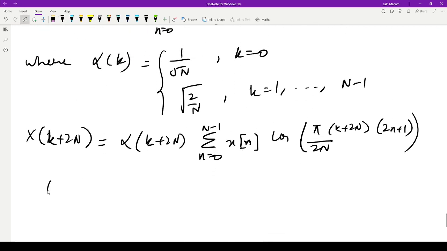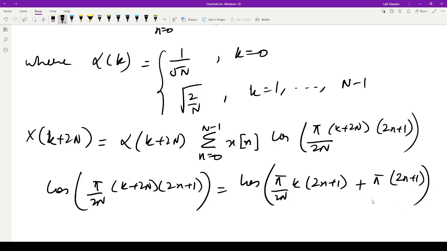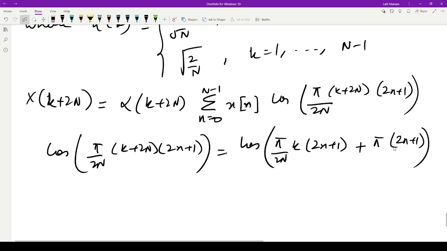Okay. So we have to see whether it is equal to minus of X of k. So we'll first look at this cos term. Cos of pi by 2N, k plus 2N plus 1. How can you rewrite it? Cos of pi by 2N, k times 2n plus 1 plus pi into 2n plus 1. Correct? Yes. So what is the specific quantity?